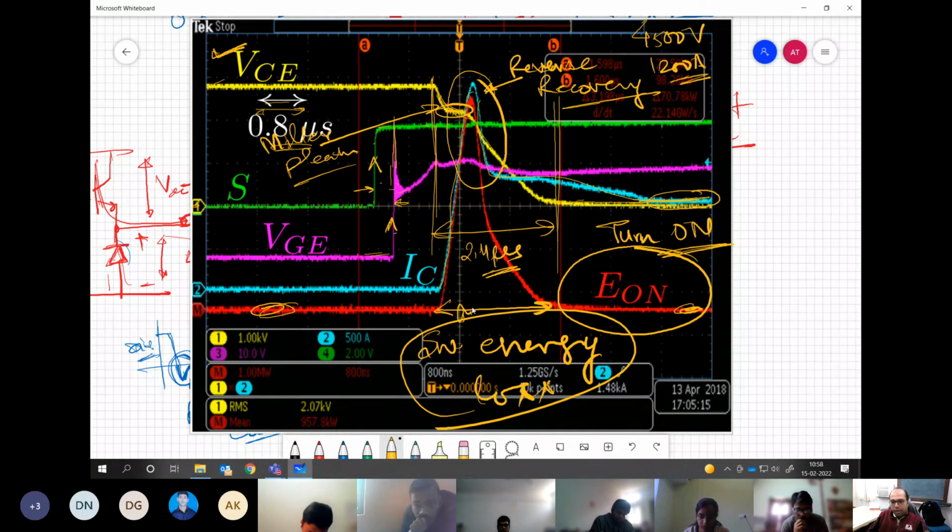And this is the kind of delay we are expecting in turn on alone. Turn off we have not seen so far. You understand the point? This is why we need dead time, so that it can manage all these transitions easily. Fine?